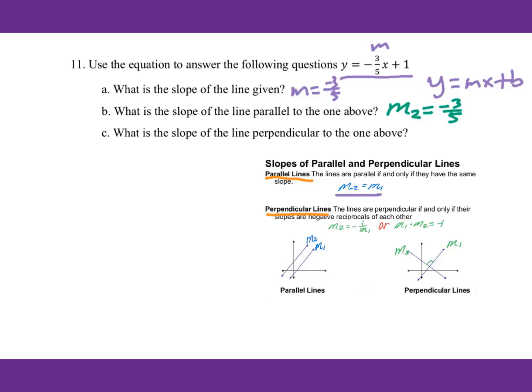For c, we're looking for the slope of the line perpendicular to the one given above. You have to use this formula, negative 1 over m1. We do the opposite first, then we do the reciprocal.